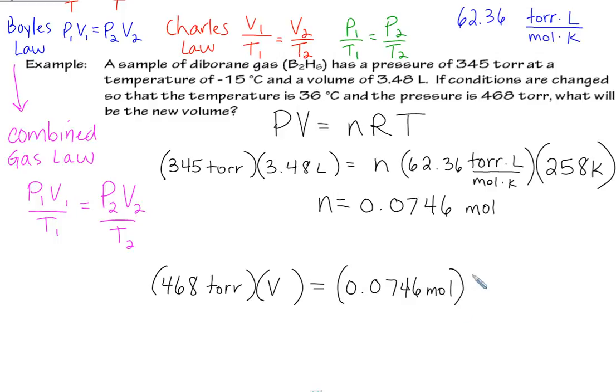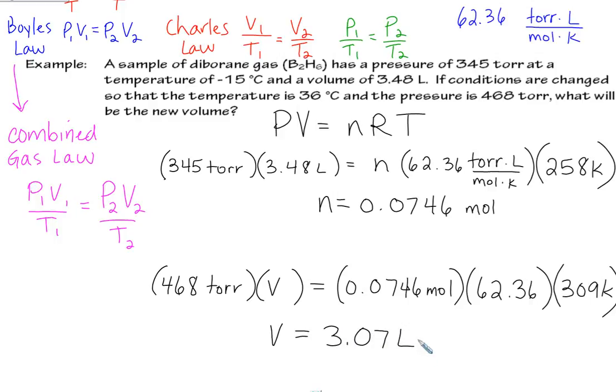I have the gas constant, which, to save me room, I'm just going to put 62.36. And then my temperature has also changed. 36 plus 273, 309 Kelvin. Okay, so let's plug this in and solve for volume. Volume, 3.07 liters. Let's say that.